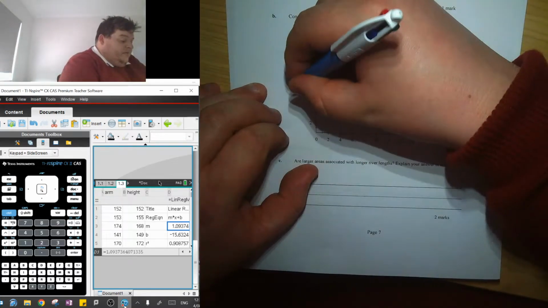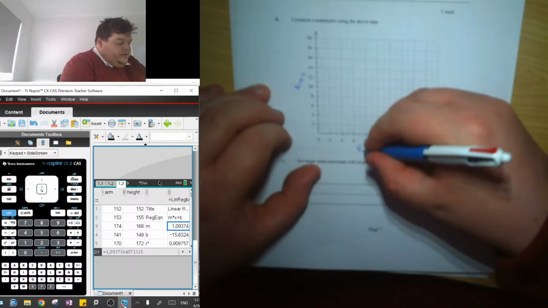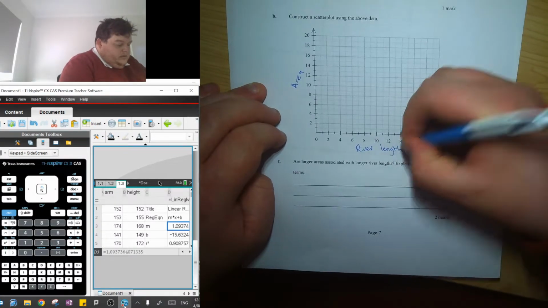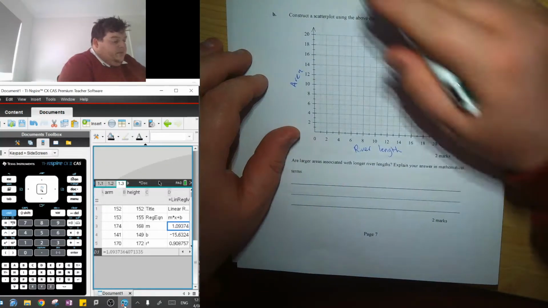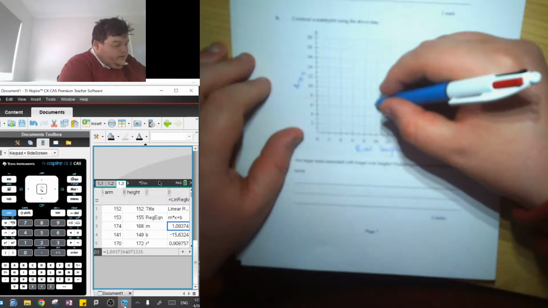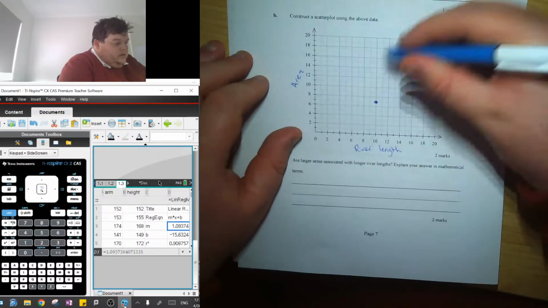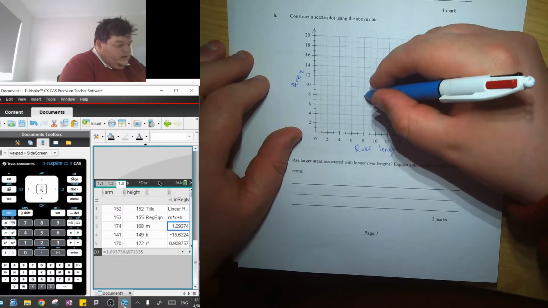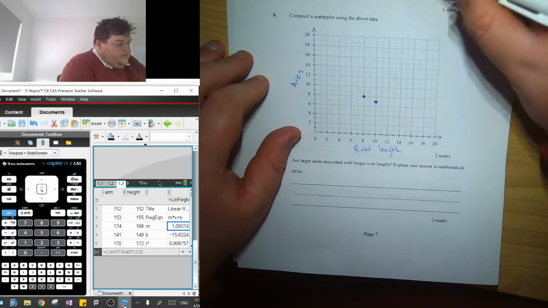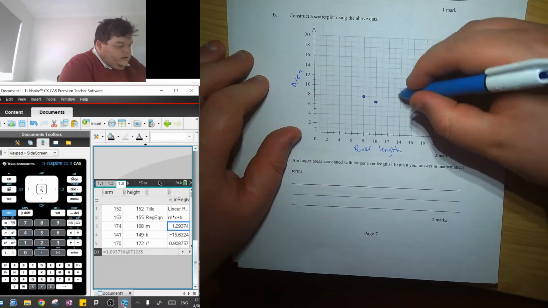So we have area and river length, and let's do our scatter plot. So area is 7, river length is 10. We have 8 and 8. We have 14 and 9.